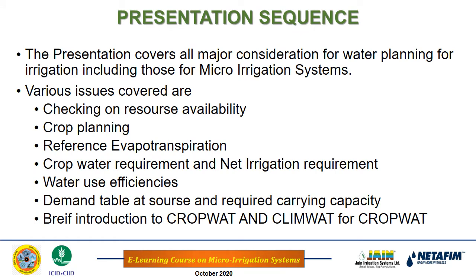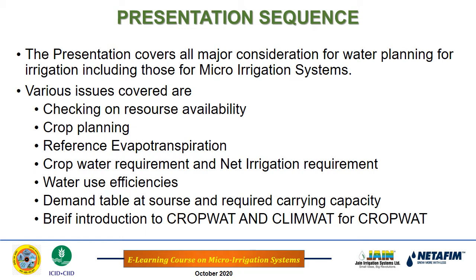As far as presentation sequence is concerned, the presentation covers all major considerations of water planning for irrigation, including, of course, those for micro irrigation systems. Various issues which we are going to cover are checking on resource availability, crop planning, reference evapotranspiration, crop water requirement, that is net irrigation requirement, after consideration of other requirements other than crop water requirement.